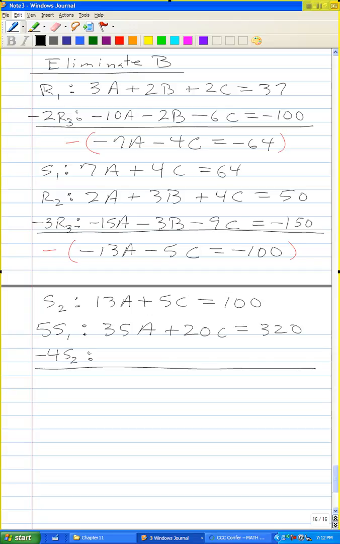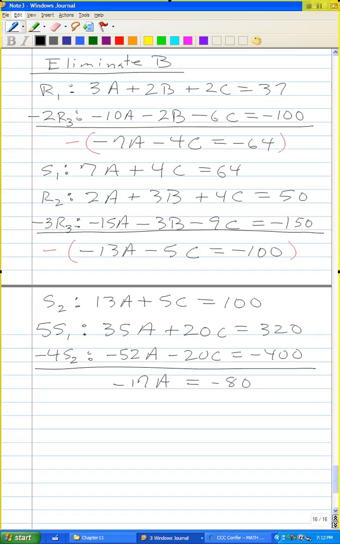So 52A minus 20C equals negative 400. Okay. So let me combine these. So I have negative 17A, the C's cancel, equals negative 80.